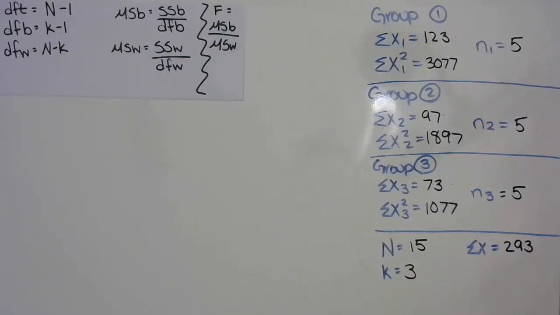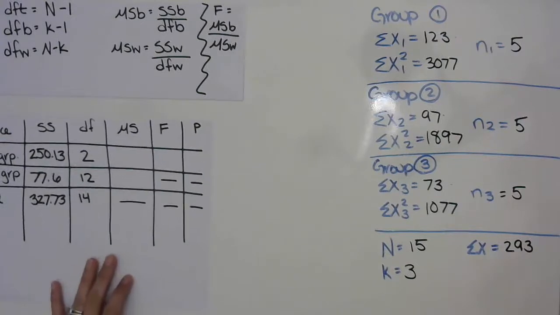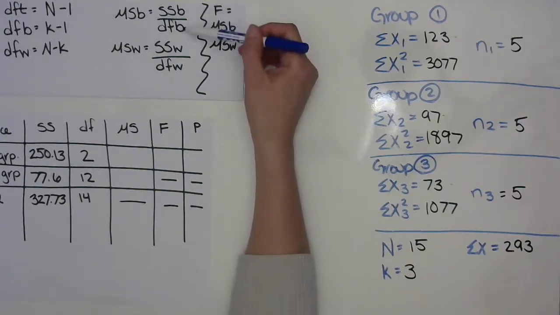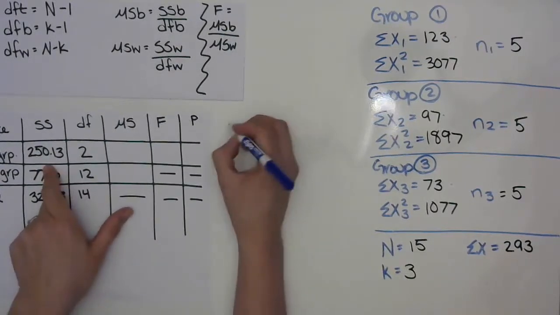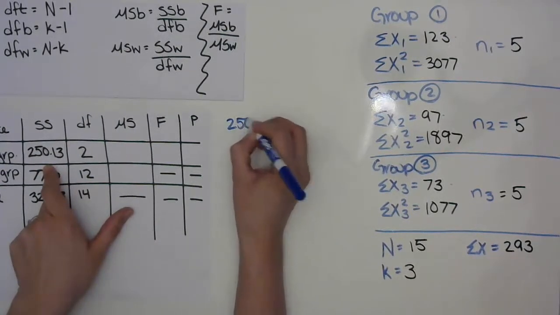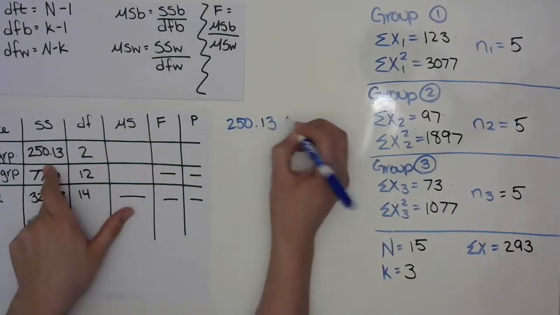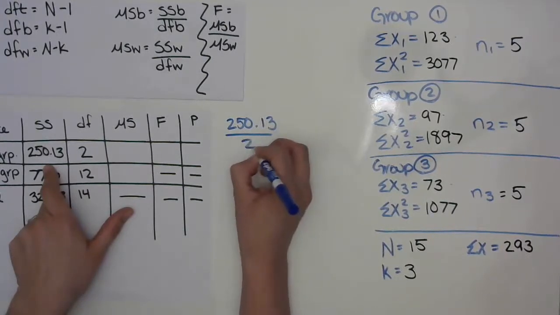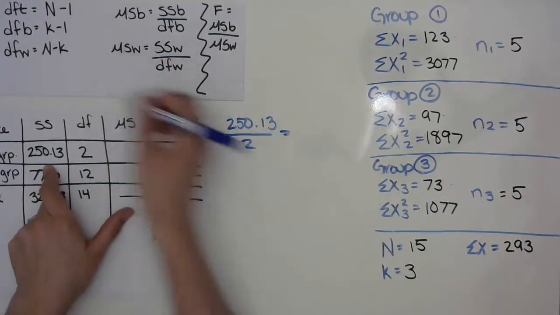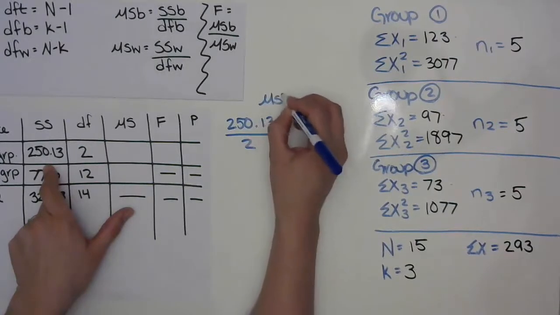Now let's go ahead and find our MSB and our MSW. If we pull out our chart here, we take our SSB and our DFB and divide them. So we would take 250.13 and divide that by 2, and that's going to give us our MSB.